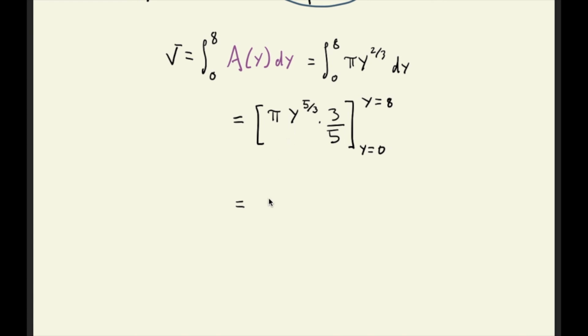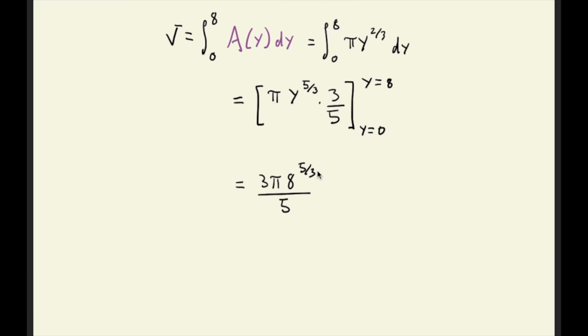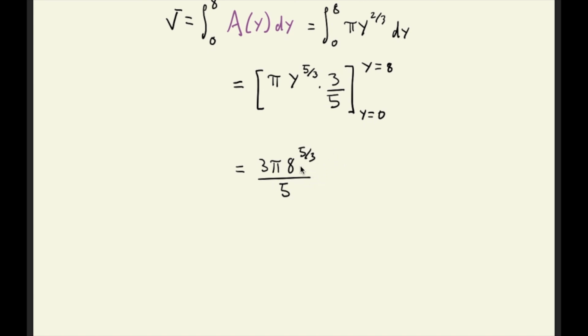Plug in y equals 8, you get 3 pi times 8 to the 5/3 over 5. Minus plugging in 0, you get 0, so I'm not going to write it. And what is this? Well, you can first take the cube root. You can write it in steps: 8 to the 5/3 is 8 to the 1/3, to the 5th.